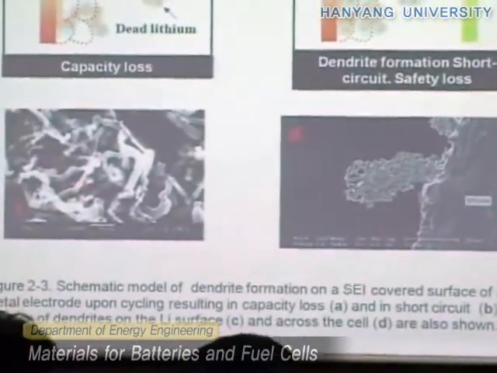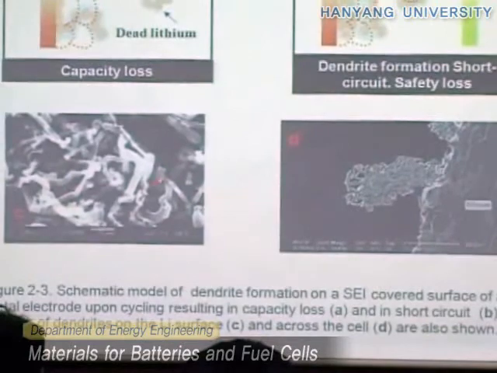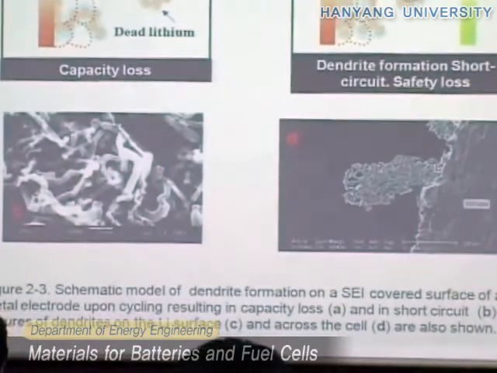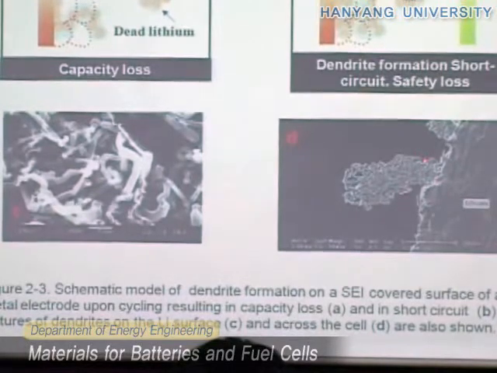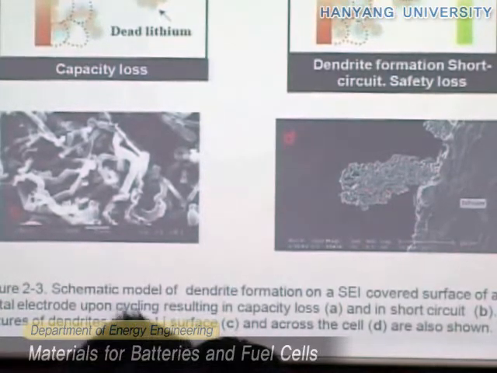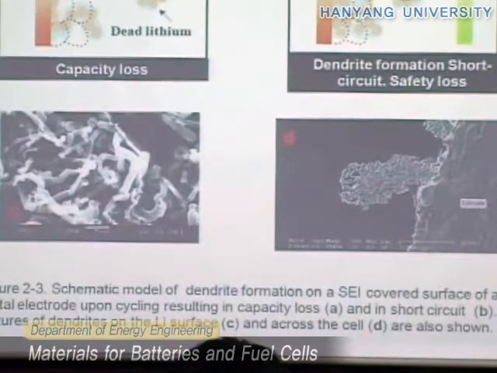This, I think, reports the formation of dendrites, very clearly seen here from the top. And here is a cross-section where you see this situation here. Very big dendrite forming. And this may go all the way through, in this case, or maybe some break, and this would be this case.